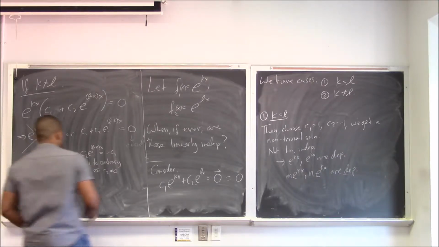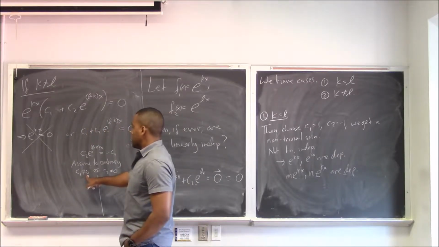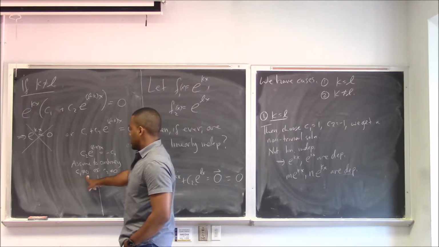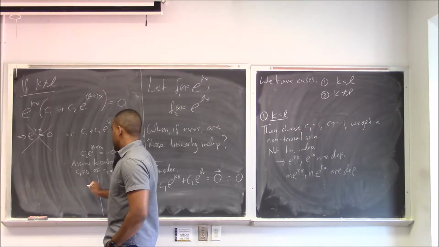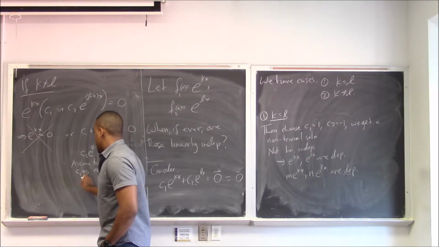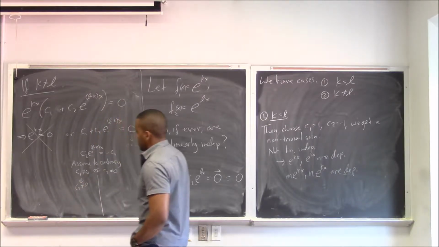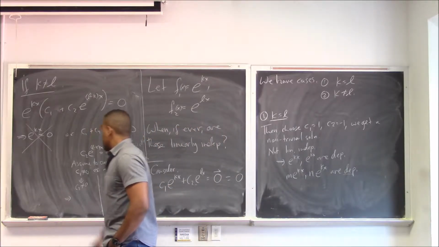Right. So in this case, if my C1 is not 0, then C2 can't be 0 either. And so that means I can actually do what?